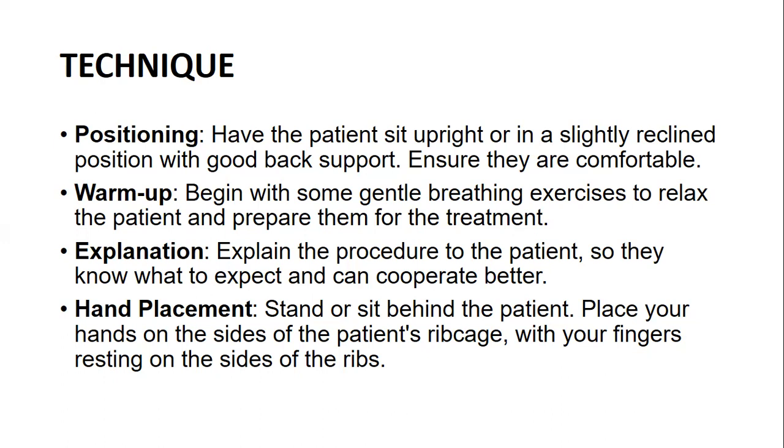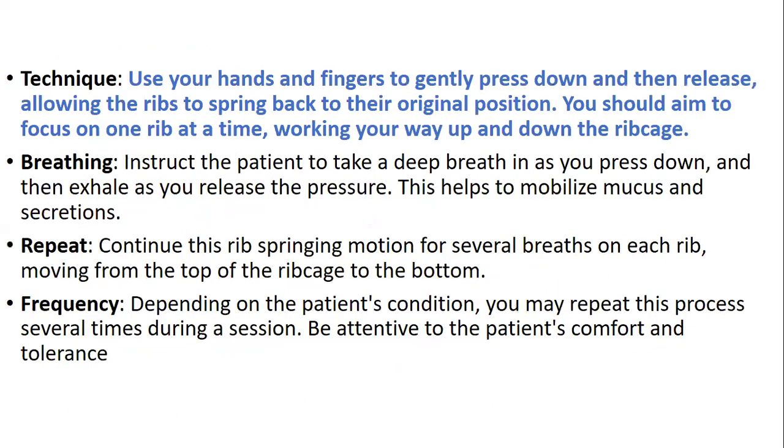Explain to them the procedure and place your hands behind the patient. Stand or sit behind the patient, place your hands on the sides of the rib cage, okay? Stand behind the patient and put your hands on the sides of the rib cage, with your fingers resting on the sides of the ribs.